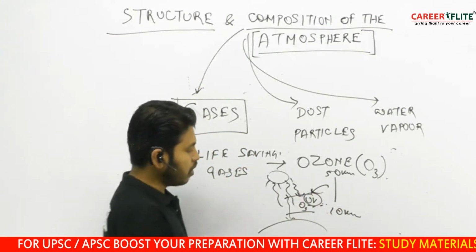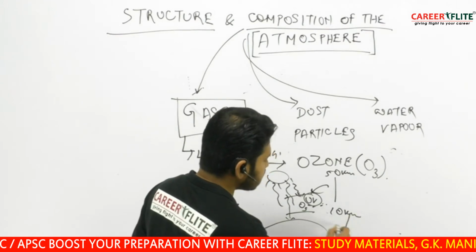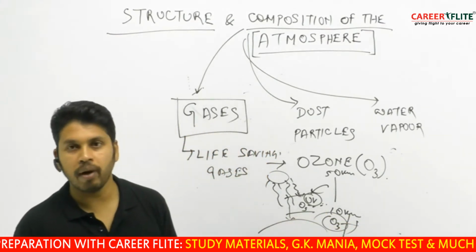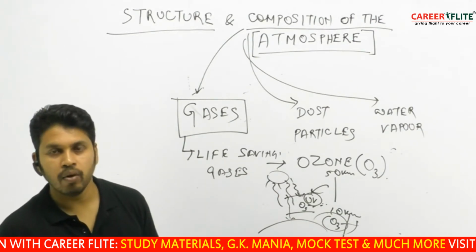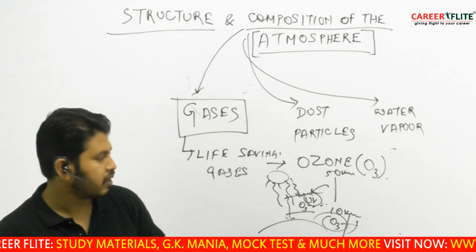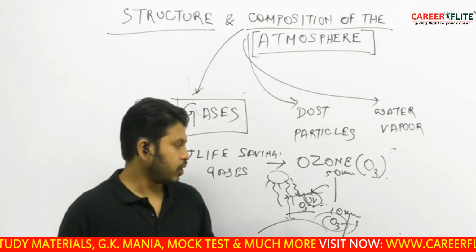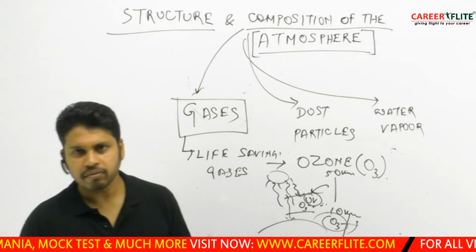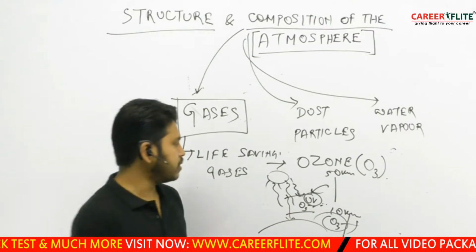But the ozone that we find near the surface of the earth is not good ozone. It actually causes global warming. It is one of the greenhouse gases when we find it near the surface of the earth. But when you find it between 10 to 50 kilometers, it is life saving because it protects us from harmful UV rays.